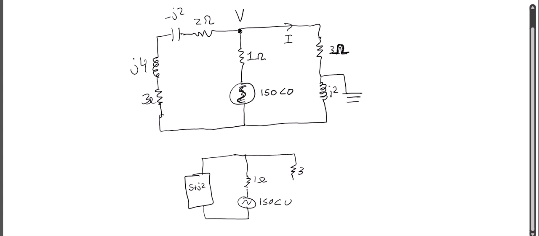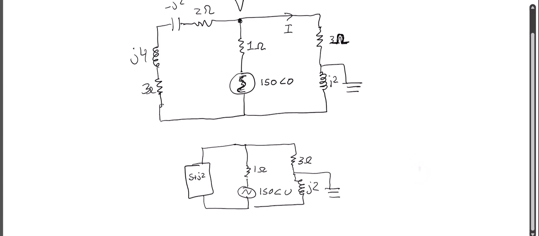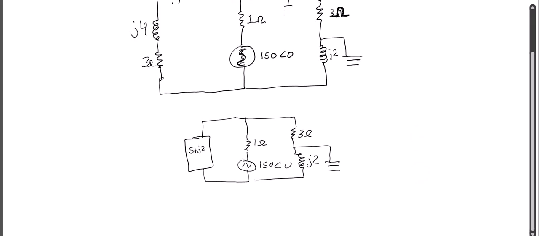I can't combine these because there's a node in between them where ground is. So I can't combine those two. Okay, so I'm going to do some nodal analysis, and I'm going to try to follow my notes, and I'm going to call this VA, and I'm going to call this point VC, and I'll call this node VB.